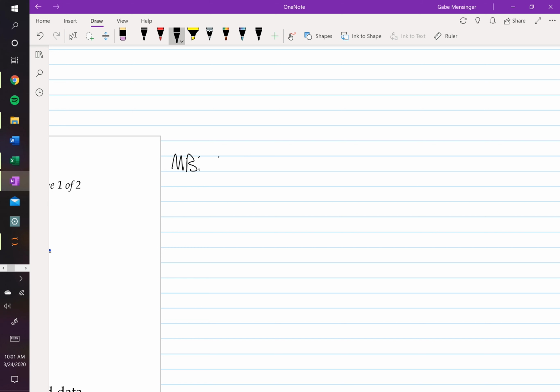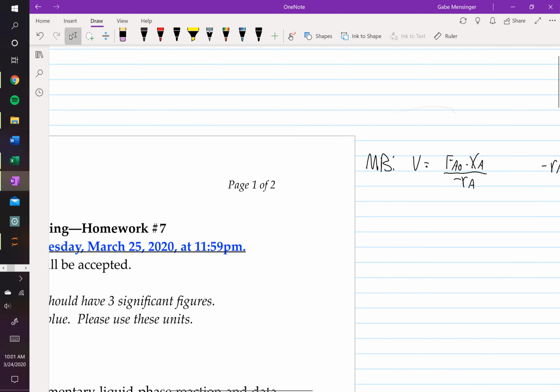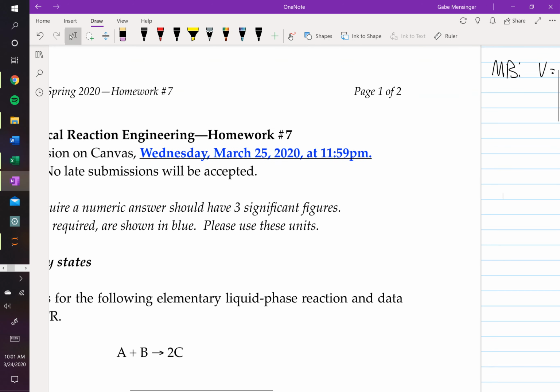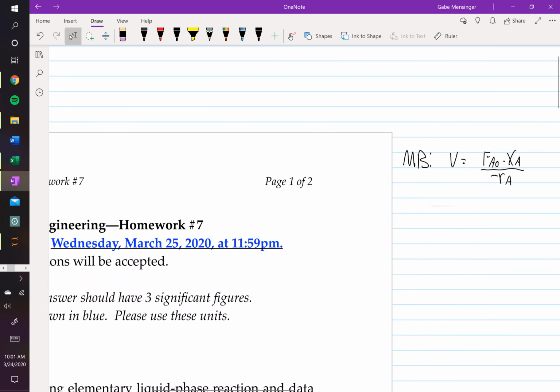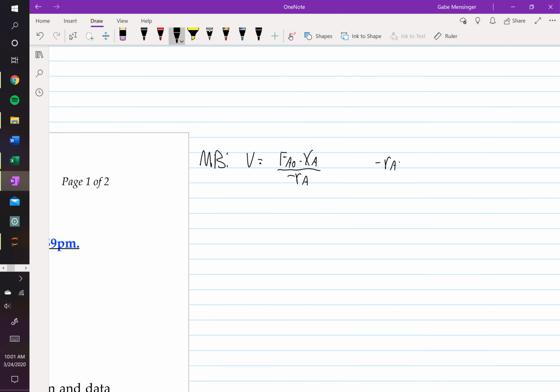For a CSTR, V equals FA naught times XA over minus RA. For minus RA, we are told that it is an elementary liquid phase reaction. So minus RA is going to be equal to our reaction constant k times CA times CB.